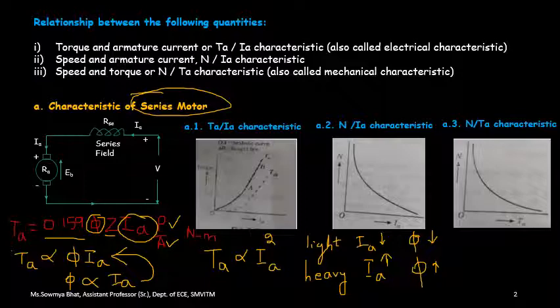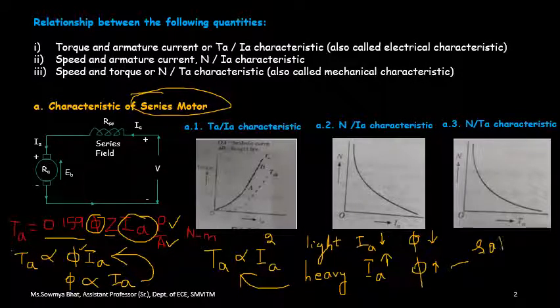So in case of heavier loads, as Ia goes on increasing, the flux value phi also goes on increasing. So I can write the equation as armature torque directly proportional to Ia square for heavier loads. Whereas, it is going to increase till a level of saturation.